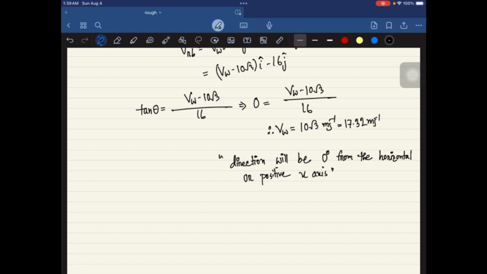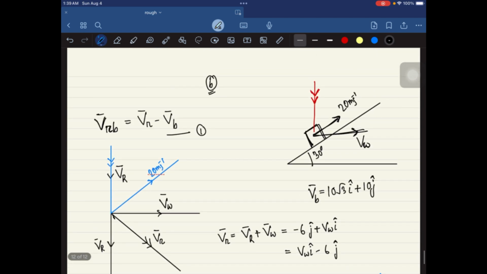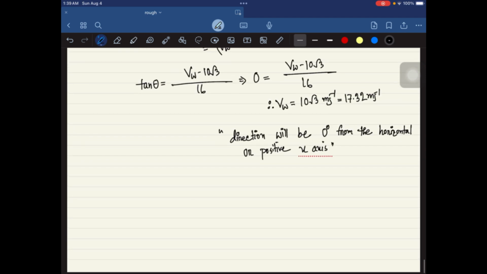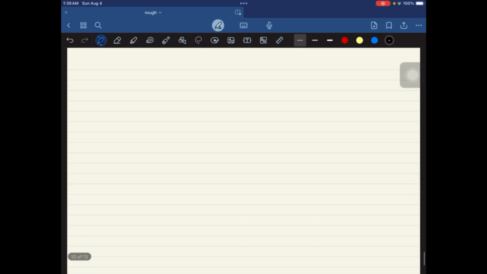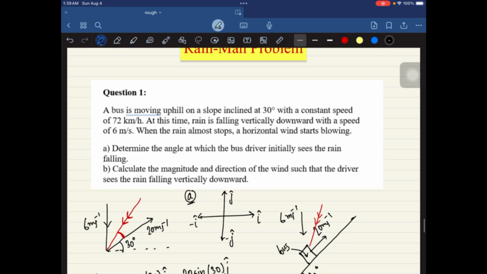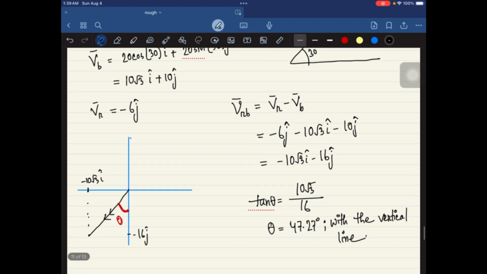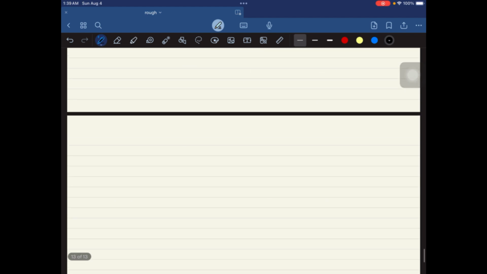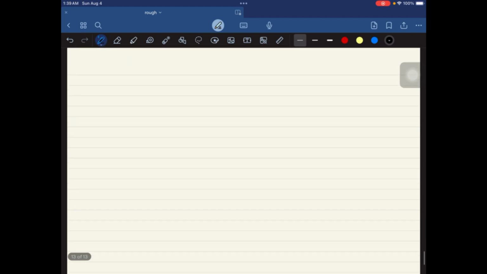Fine. Okay. So there could be a conflict that you have taken the direction in the positive x-axis in the earlier case while doing this problem. What would happen if you take the negative x-axis direction?